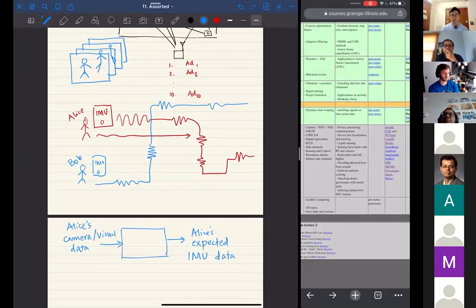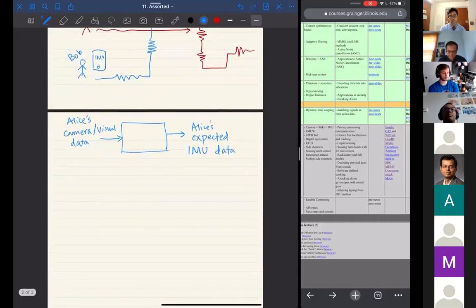Does that make sense? By looking at a person's video, I should be able to say exactly how that person's pocket is moving, right? Imagine in the video, I tag the pocket of the person and then I track those pixels, right? And assuming that the phone is in the pocket, the phone's IMU motion and the camera's view of the phone's motion should be pretty identical, pretty much the same, right?